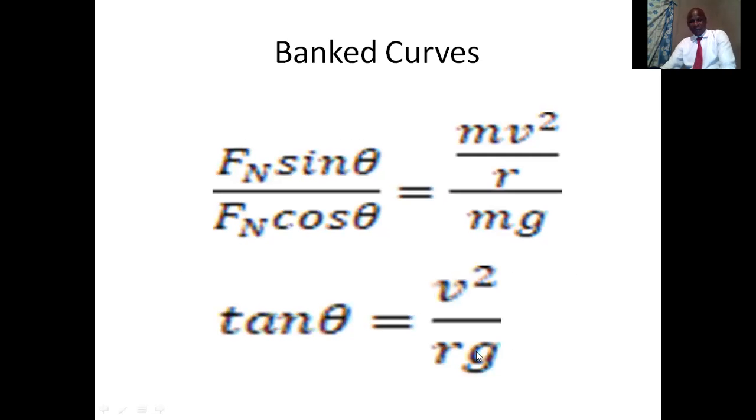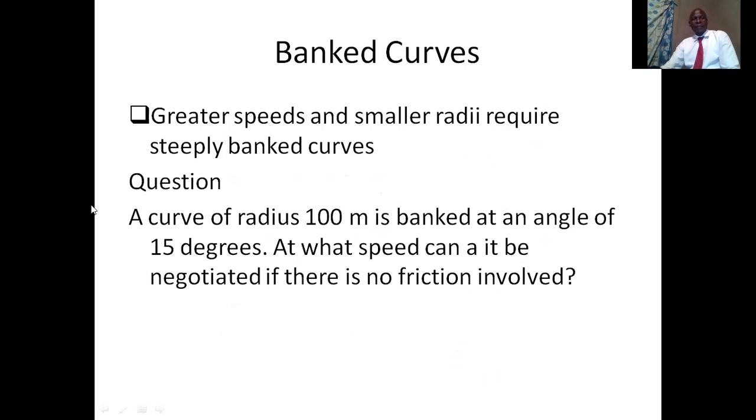So this is a very important concept: on a banked curve, as we indicated earlier, the mass of the object which is negotiating a curve does not come into play. Okay, what matters is its velocity and the radius of the curve.